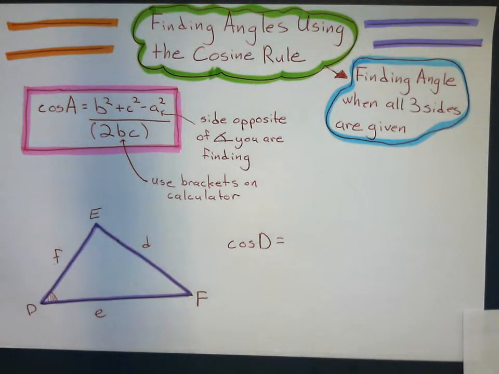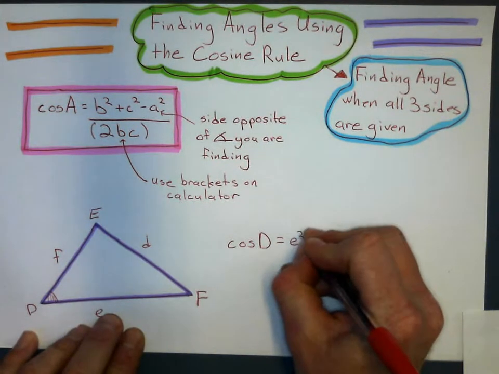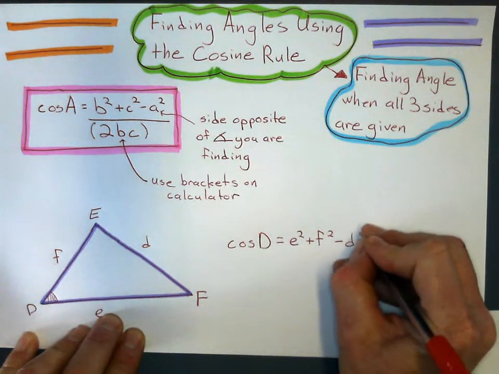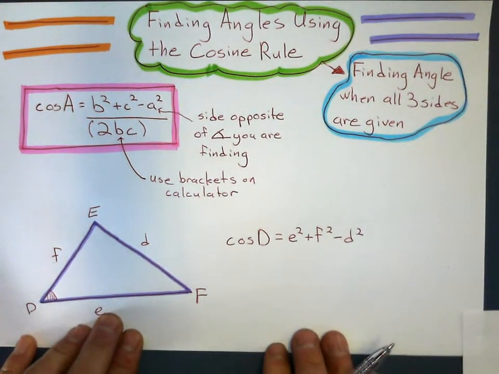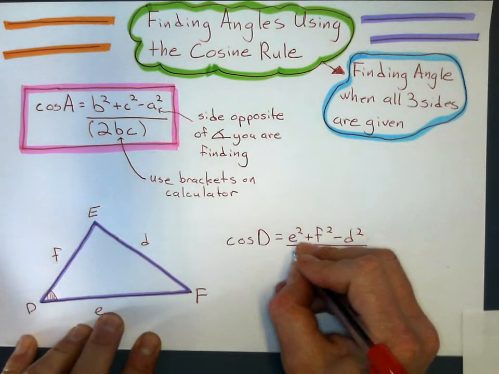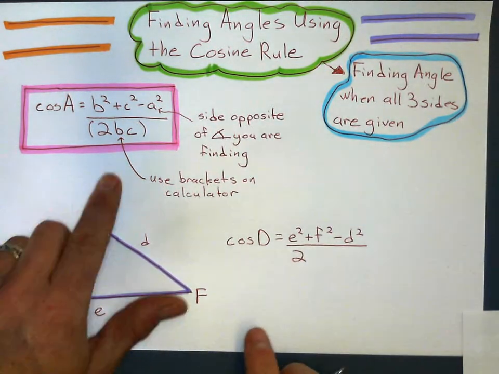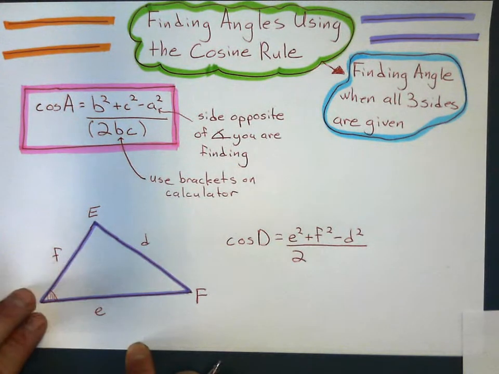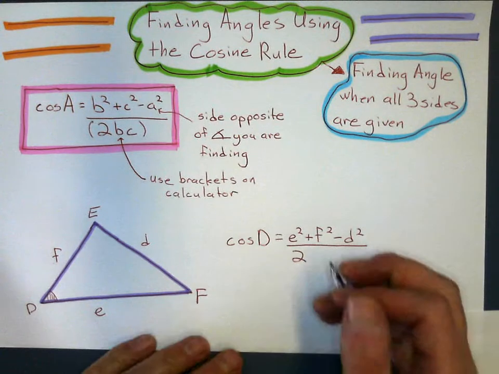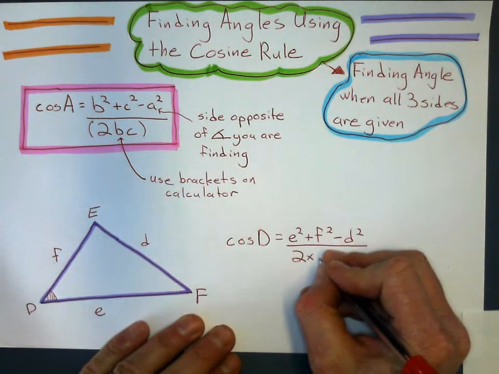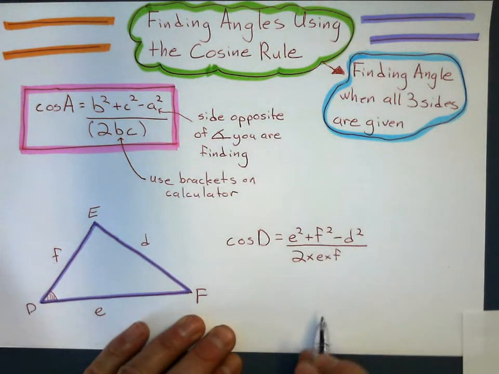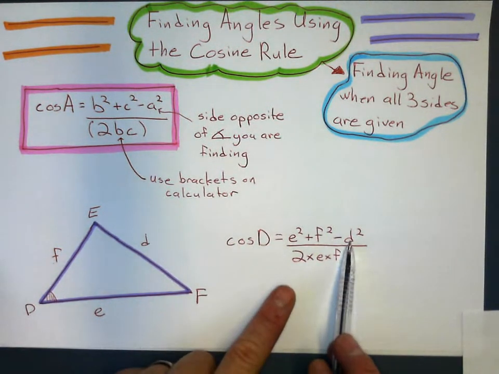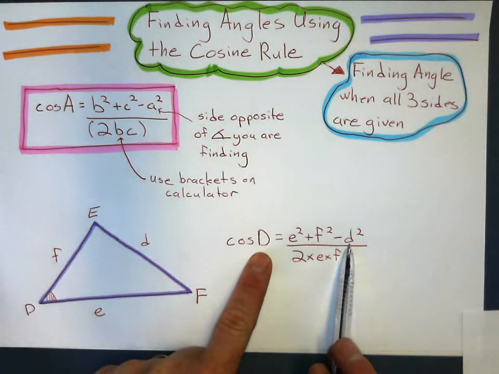So, it's going to be e squared plus f squared minus that d squared, divided by 2 times, and these guys will always be the sides adjacent to the angle I'm figuring out, times e times f. Okay, so what's important when you're setting this up is this is the side opposite the angle you're trying to figure out.